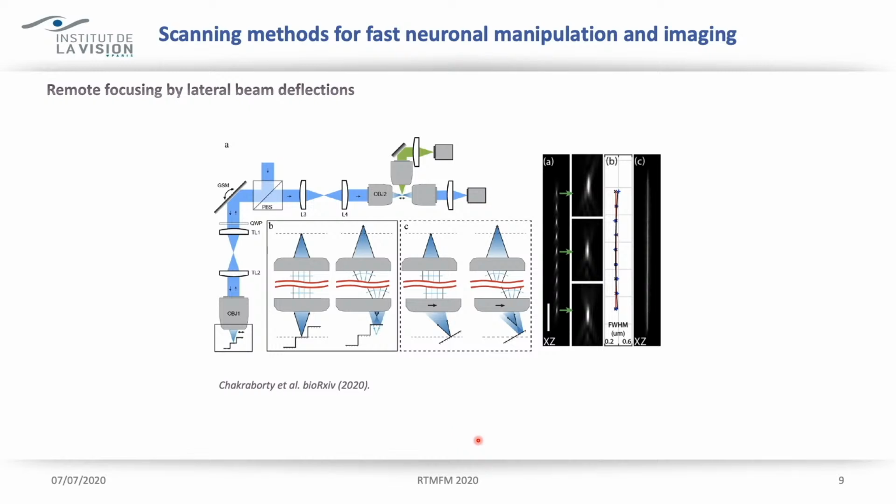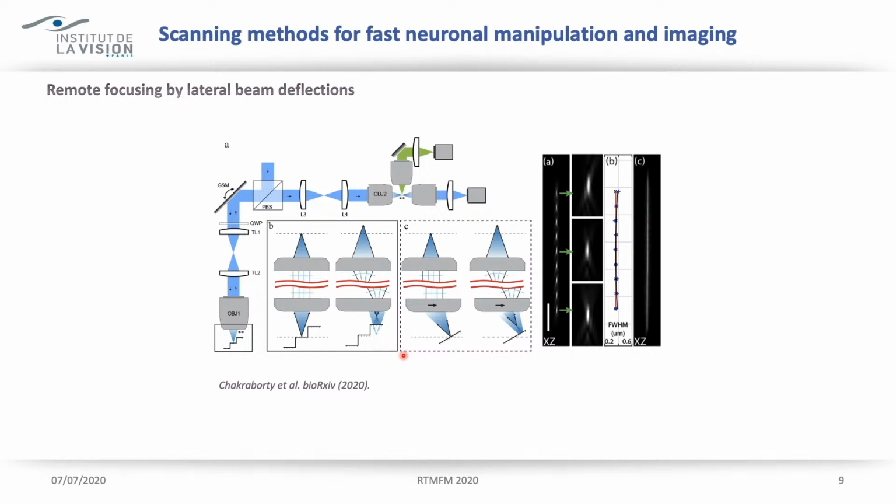Interestingly, alternative approaches specifically designed to improve volumetric imaging rates rely on the conversion of lateral beam deflections, typically using galvanometric mirrors, into axial displacements at kHz rates.